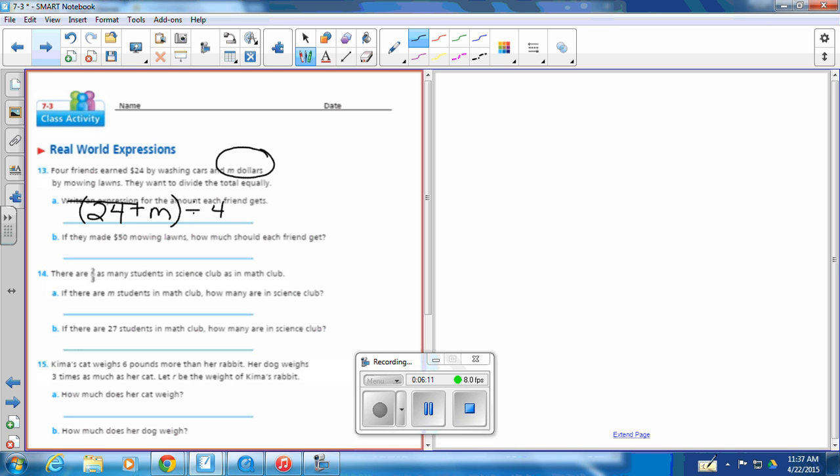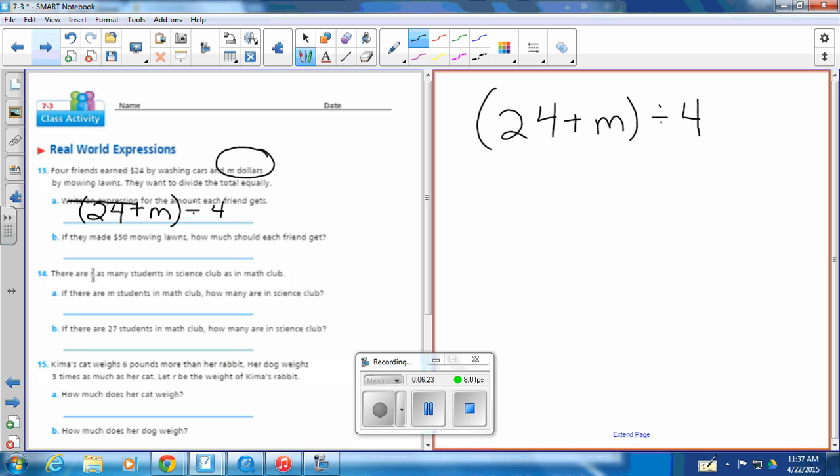Now for part B, it says if they made $50 mowing lawns, how much would each friend get? Okay, I'm going to come over here to my workspace and recopy my expression that I wrote. And now I'm going to plug in 50 every time I see M because they're telling me they earned $50 for mowing the lawns.